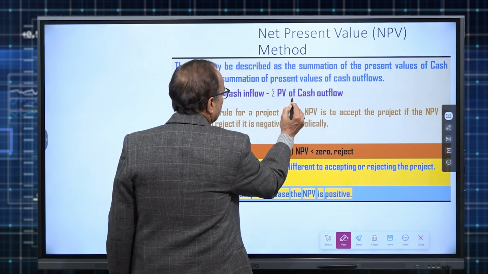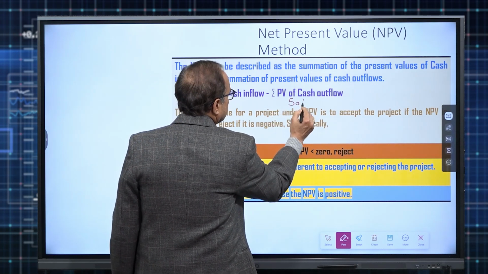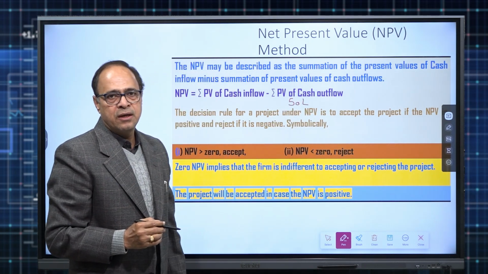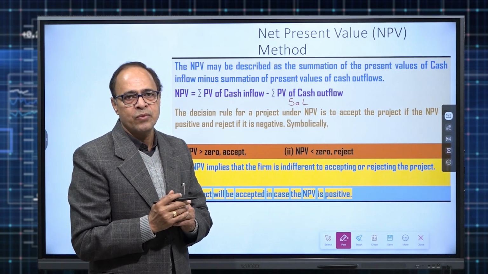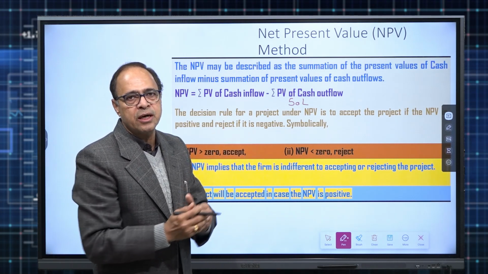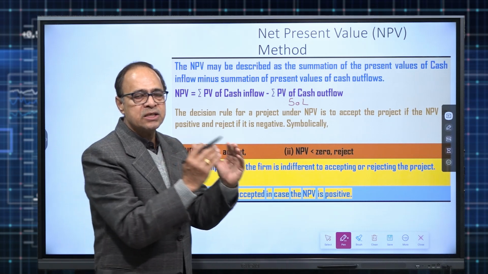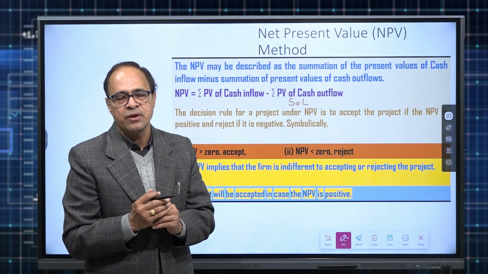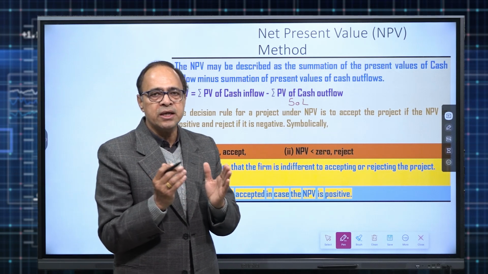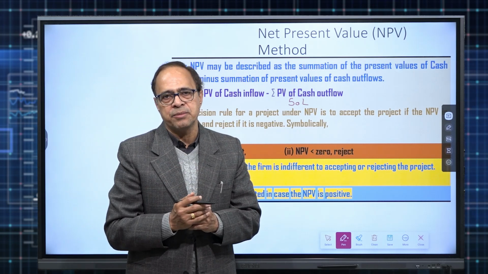So your sum total of PV of cash outflow is 50 lakhs. From your pocket 50 lakh rupees has been invested in that one and all the cash inflow will come in future. So whatever cash inflow comes in future, we will be calculating the present value of that. Now the question comes, at what discount rate should we calculate the present value?